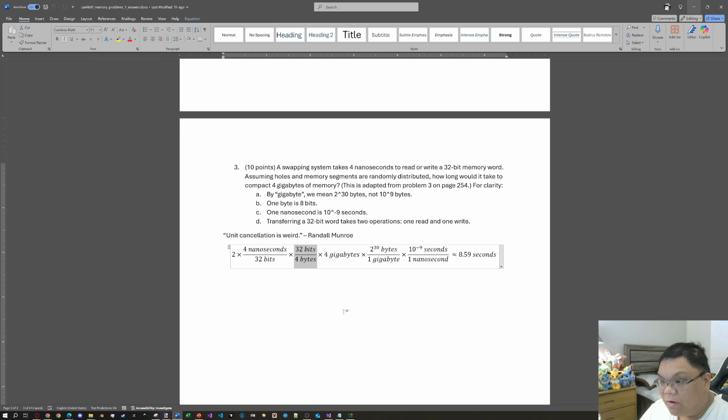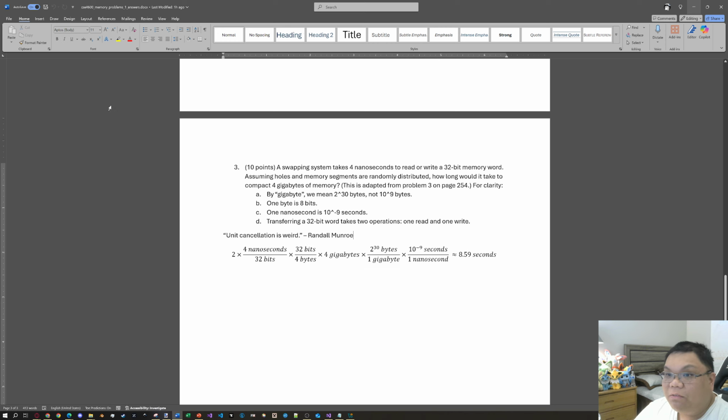We have 4 gigabytes, which is our next term, and we have 2 to the 30th bytes per 1 gigabyte. Again, it should really be gibibyte, but whatever, we're stuck with this. And it's sometimes annoying. So 4 gigabytes times 2 to the 30th bytes over 1 gigabyte. And then 10 to the minus 9 seconds over 1 nanosecond.